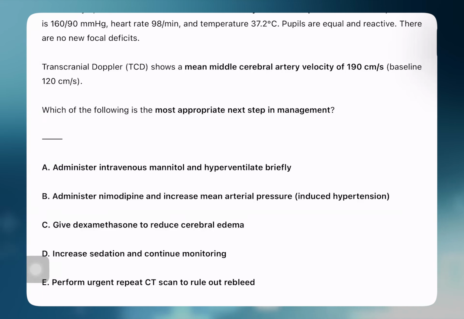So as of now, we have two provisional diagnoses. One is a blocked EVD, which looks more likely the answer. Second is vasospasm. So what are we going to do next in the management? Yes, you have the answers in front of you.